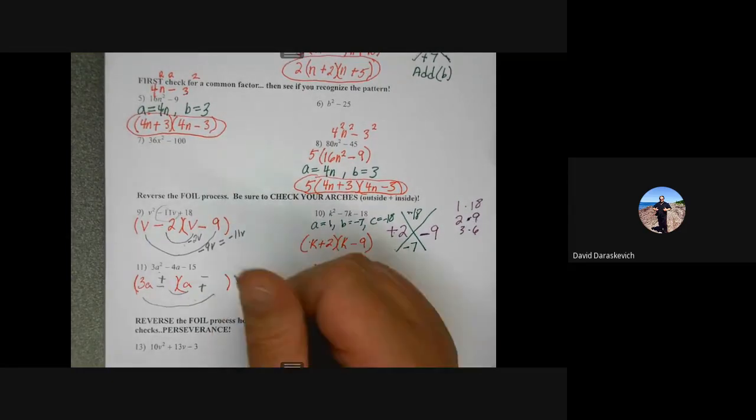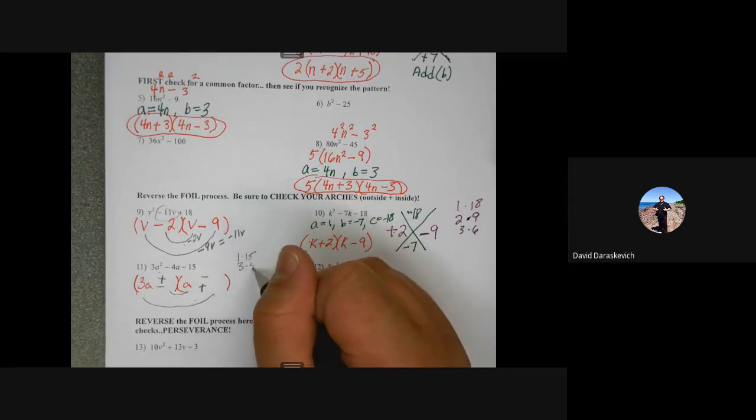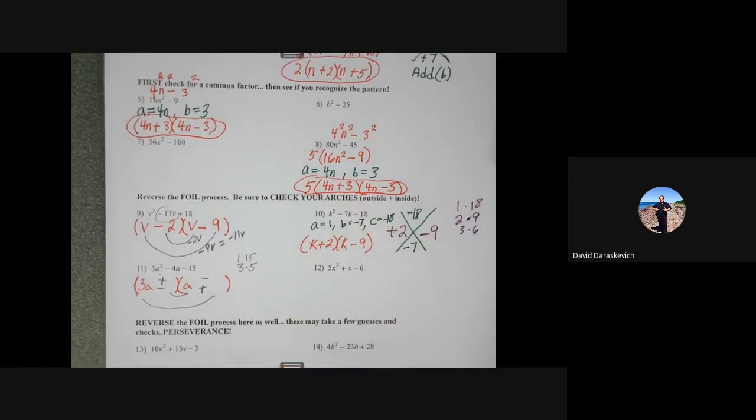All right, factors of 15: 1 times 15, 3 times 5, and that's it. If I use the 1 and 15, I'm either going to have 15 times 3, which is 45. That's just way out of the norm to get that 4. So I'm going to start with my 3 and 5.